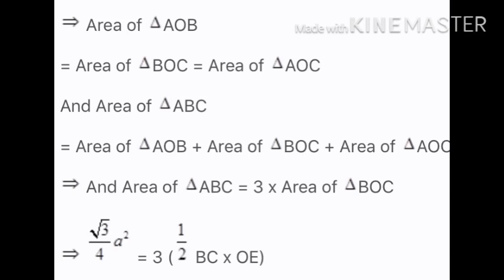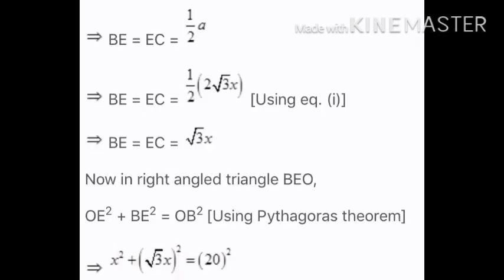Therefore, area of triangle ABC is root 3 upon 4 a square, which is equal to 3 times half BC times OE. BE is equal to EC is equal to half a. So a is equal to 2 root 3 x using equation number 1. BE is equal to EC is equal to root 3 x.